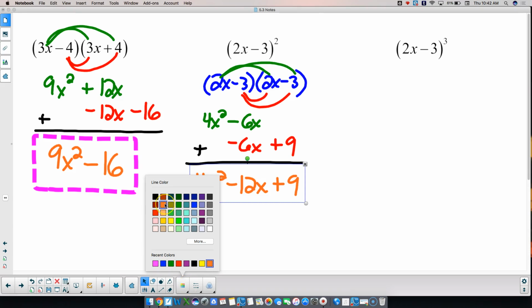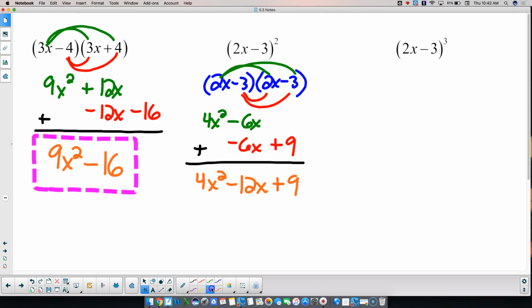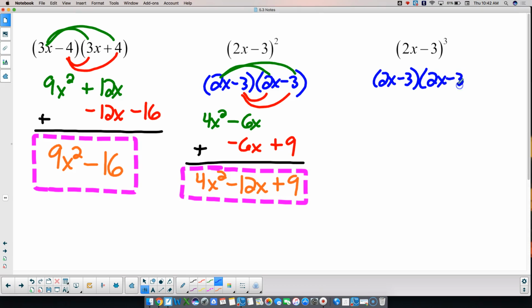You should read it. 4x squared, we just did it in the last one. 4x squared minus 12x plus 9.